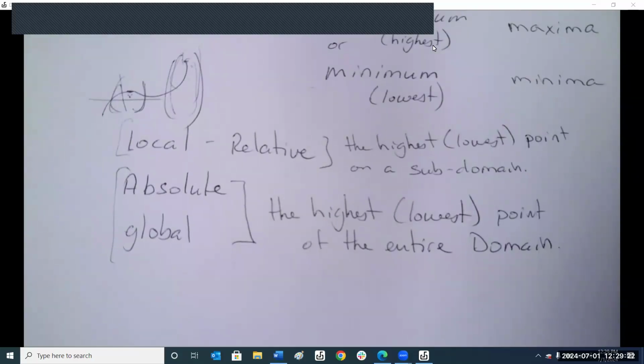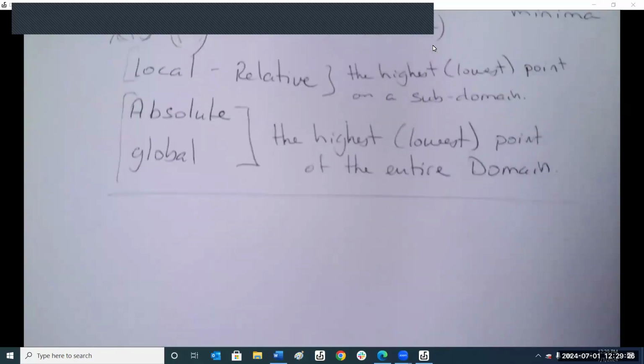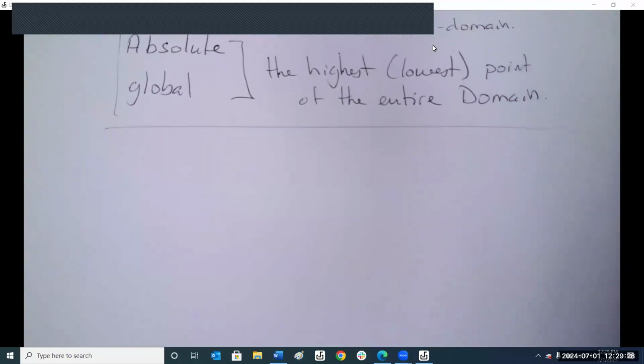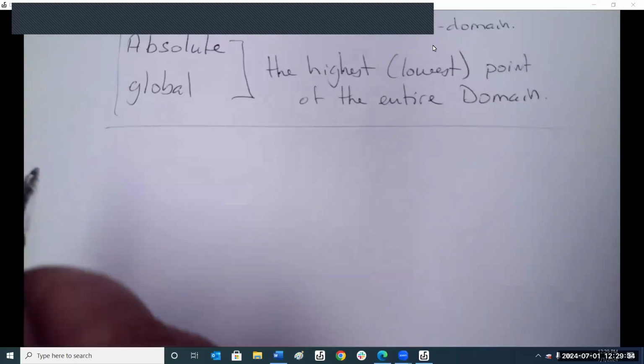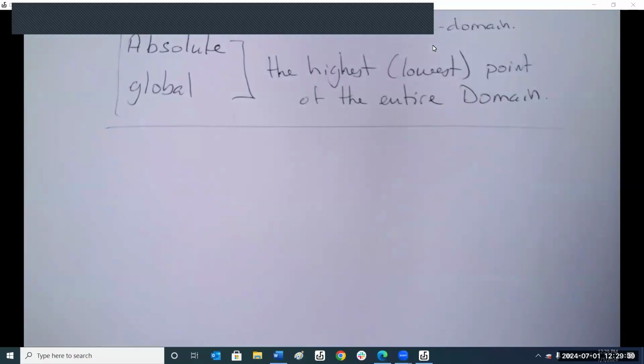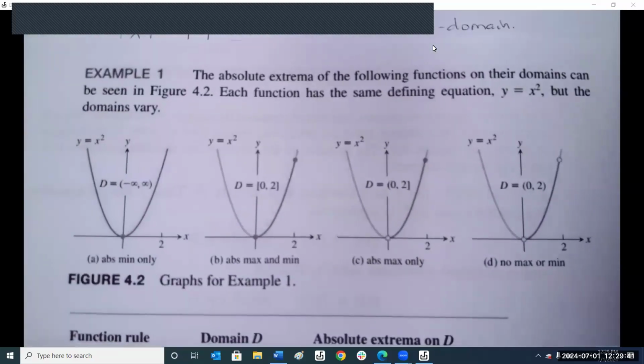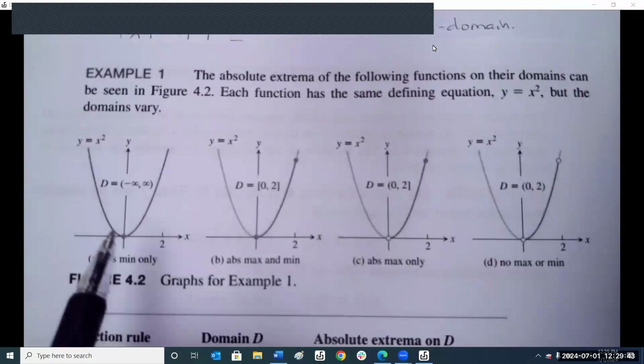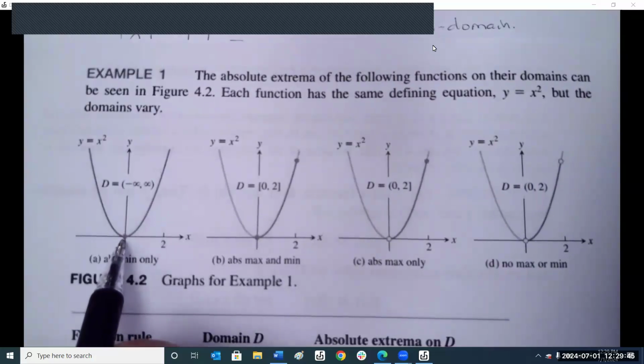Let's look at it in your example sheet. Example 1. The absolute extreme of the following functions on their domain can be seen in the figure. There's a point. Is it an absolute maximum or minimum?